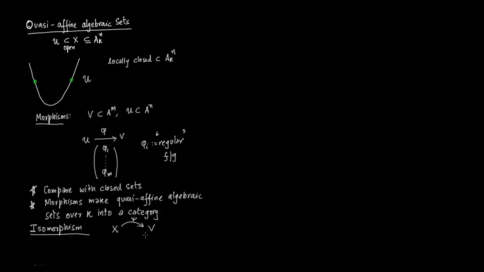So this is varphi, say, and in the opposite direction it is phi. So these two sets, X and V, are isomorphic if we have the following two relations. You first apply varphi and then phi, we land back in X, and you actually get the identity, and in the opposite direction you first apply phi and then varphi, and you should end up back in V. So this gives you an isomorphism of two quasi-affine algebraic sets.